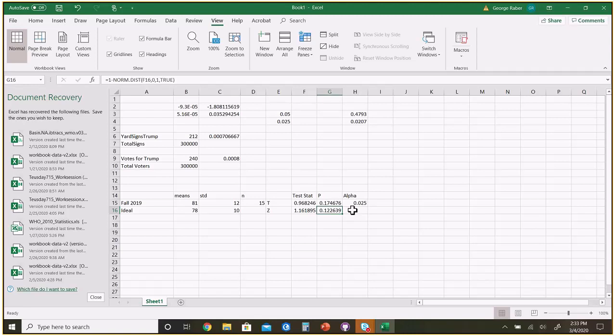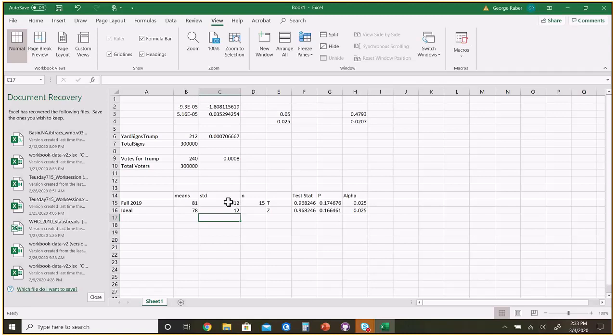But is it still enough to reject the null hypothesis? No. Because the alpha is the same, even though that number's changed a bit, it's still not enough. Even though we know the population standard deviation, notice that it did go down, but not much.